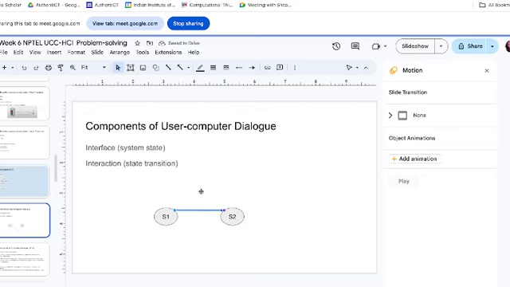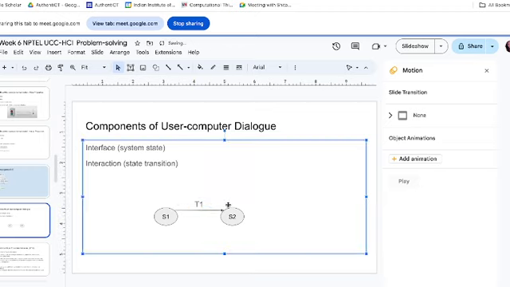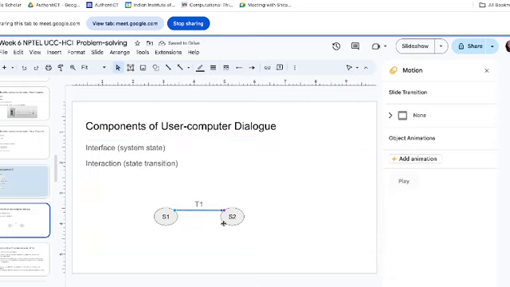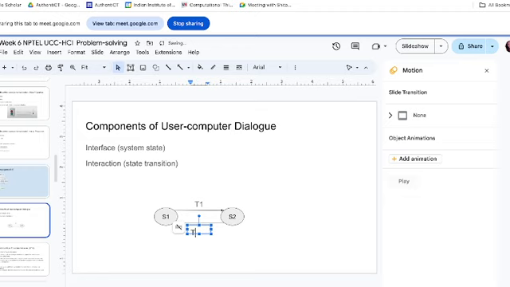Usually it is represented by a curve, and we will call this a transition, T1. In a similar way, from state 2 as well, we might be able to go back. So that will be S1 to S2 to S1, and we can call it T2.